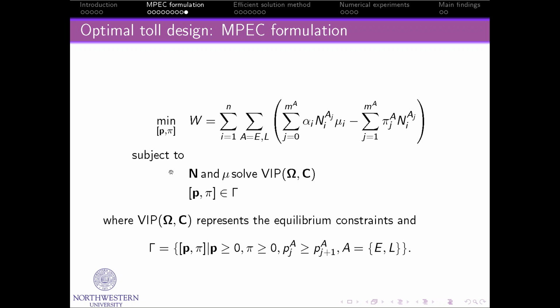And in the lower level, we try to solve the user equilibrium for any given toll parameters. However, it may be hard to solve this problem, and we may not guarantee a solution. So we try to develop a method that is both efficient and will also give us an exact solution.